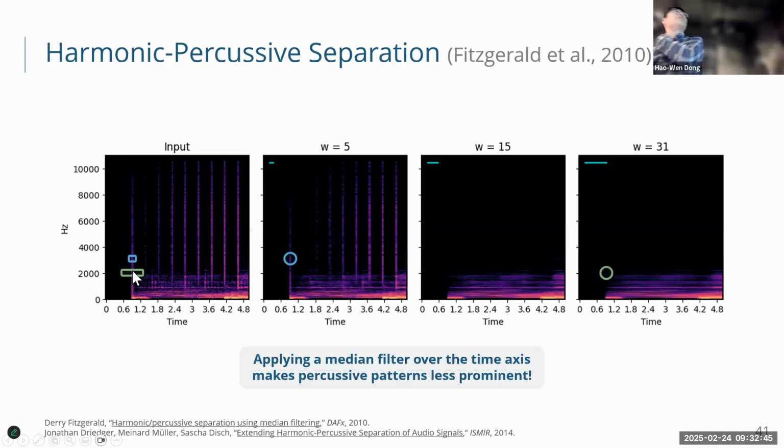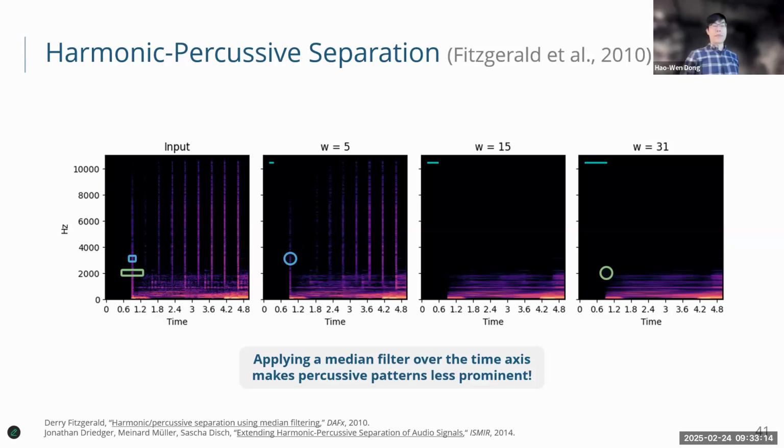But once you use a larger filter like this, then when you take the median, it will be mostly zero values, so that you get rid of all the vertical stuff. That's good. Cool. So this is how we get rid of the percussive part.